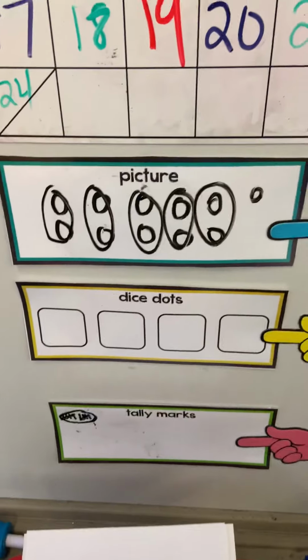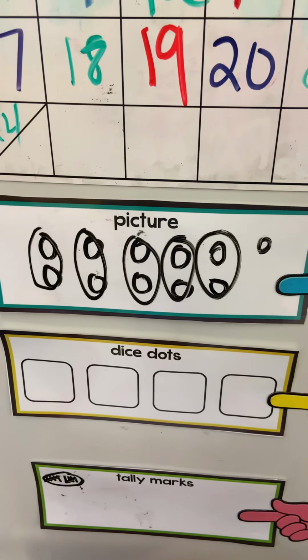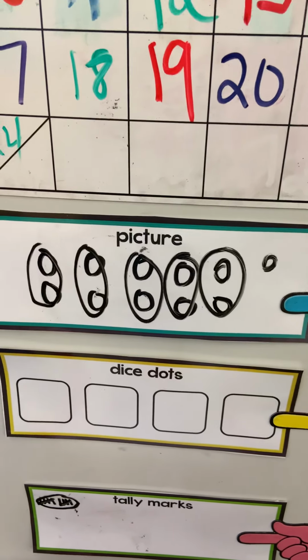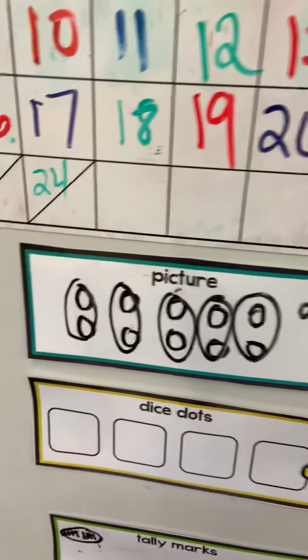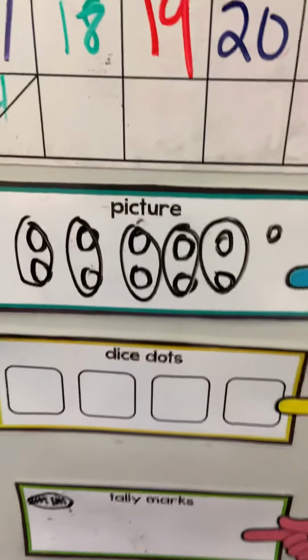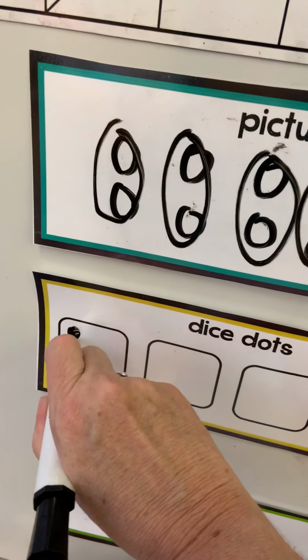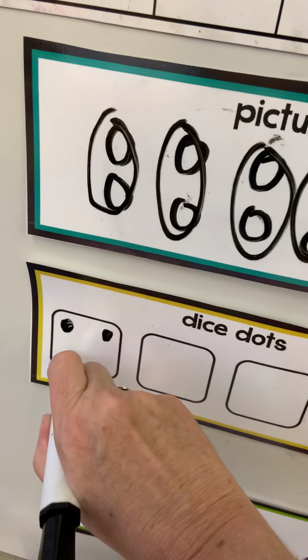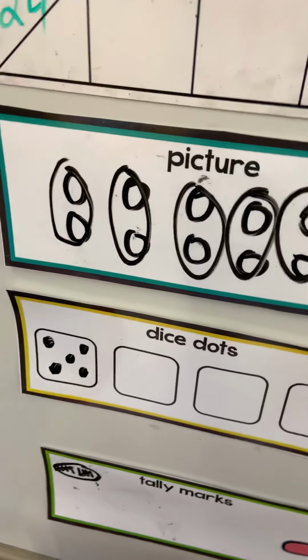Okay, dice dots. I had to change this because I'm going to be using more dice. And so what I'm going to do is I'm going to make this a 5.